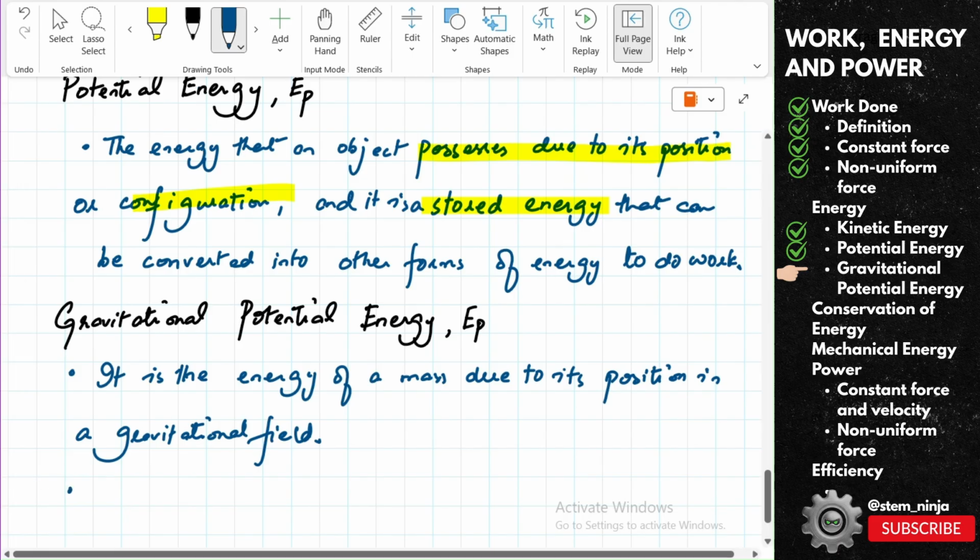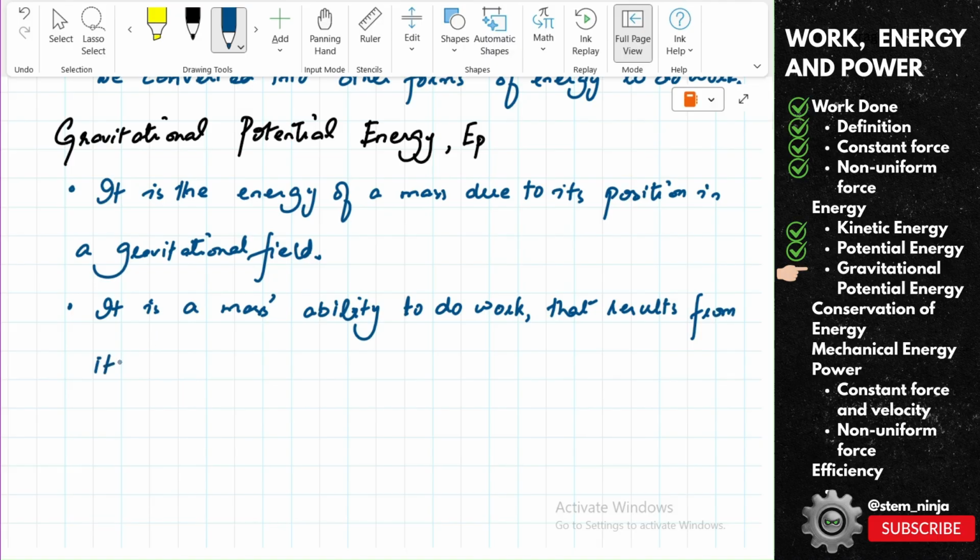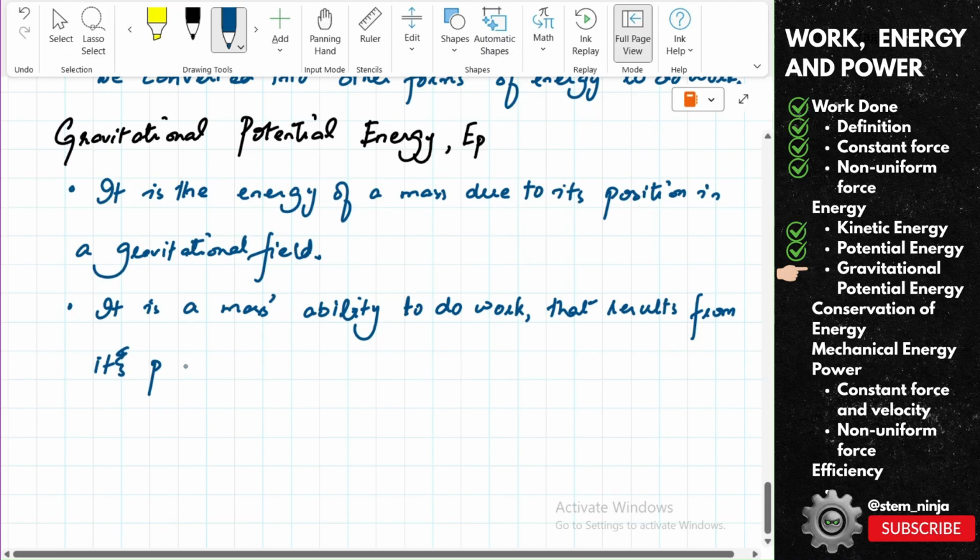Another interesting way to define it, you could say that it is a mass's ability to do work that results from its position in a gravitational field.